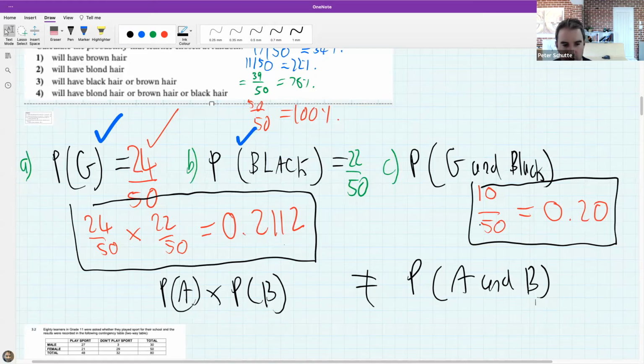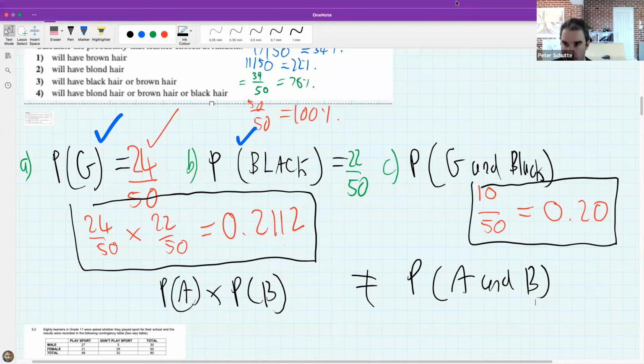It's a little bit confusing because A and B is just generic notation. But if you look at what I did, girls by themselves was the A, black was the B, and then A and B was just girls and black. Because the multiplication of the individual ones is not equal to the and, we say they're not independent. It's better to say not independent.